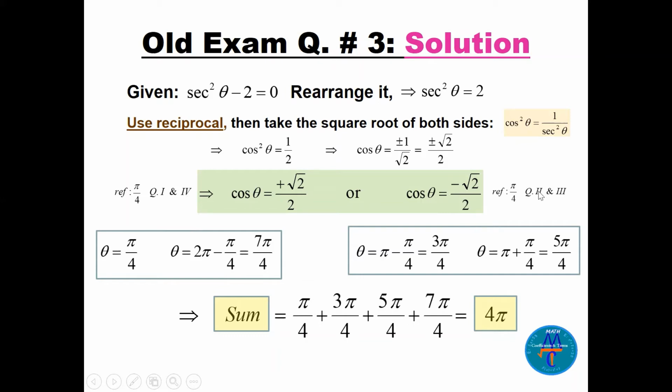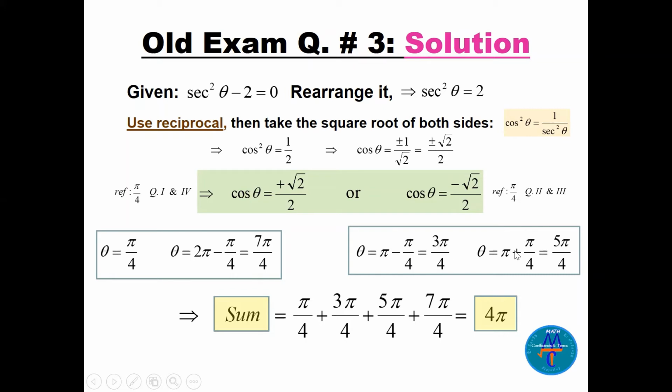Now here, the minus will give you quadrant 2 and 3. So we have in each quadrant an angle. And still also cosine of theta, square root of 2 over 2, the reference angle will be pi over 4. So in quadrant 2, pi minus pi over 4, which is 3 pi over 4.